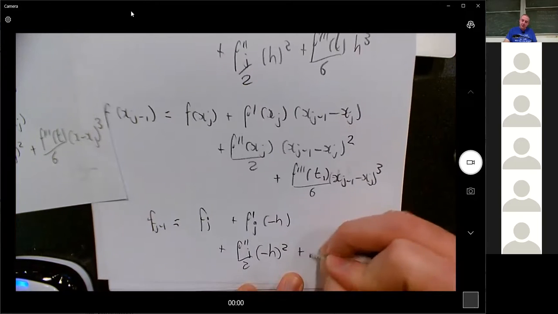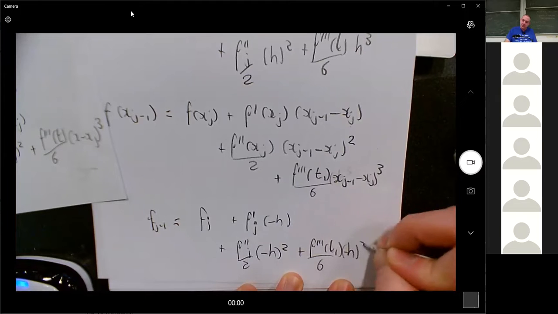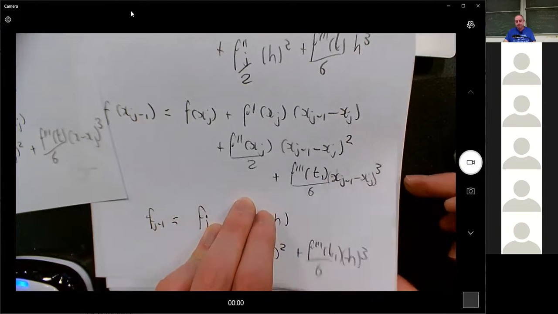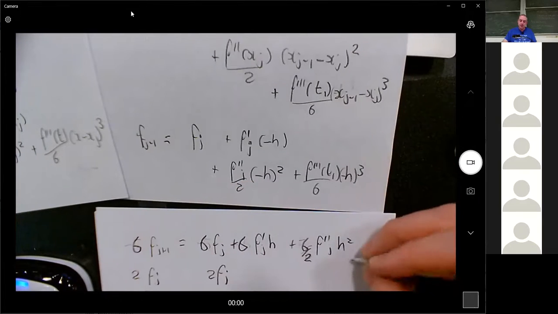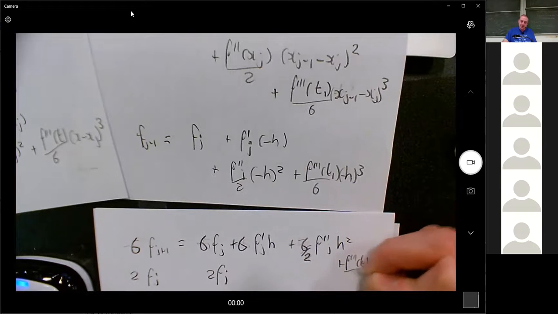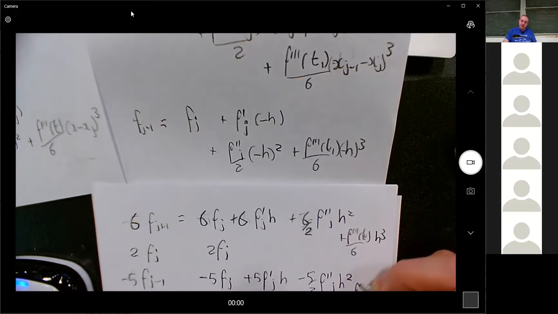So that will be plus an f triple dashed of t1 on 6 minus h cubed. And so when I do this, there's a plus f triple dash t on 6 h cubed, and this one has a minus f triple dash t1 on 6 h cubed.